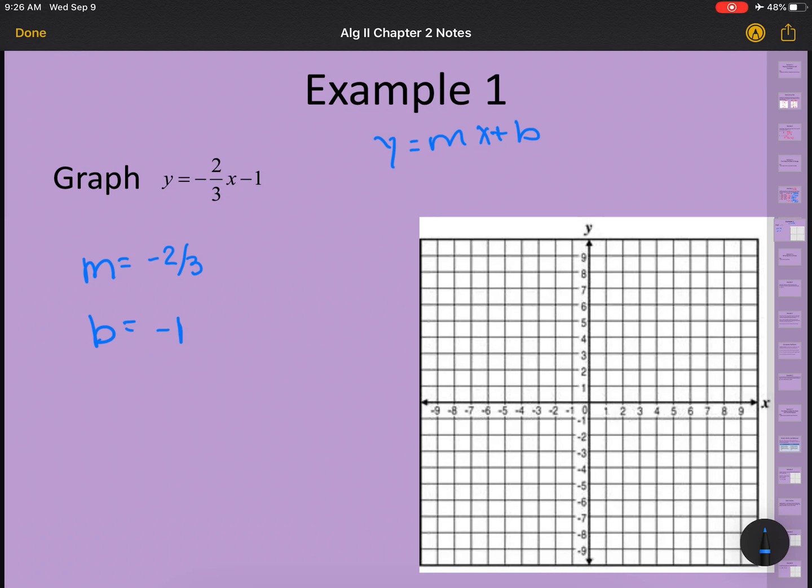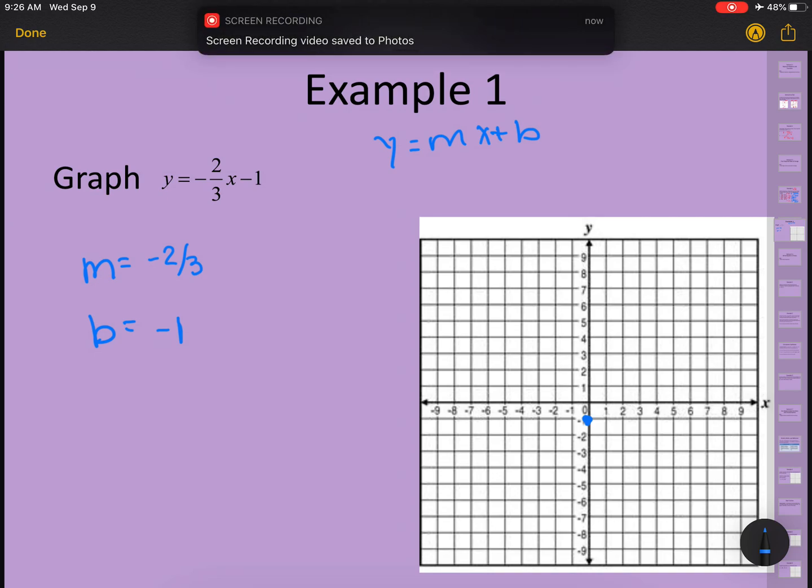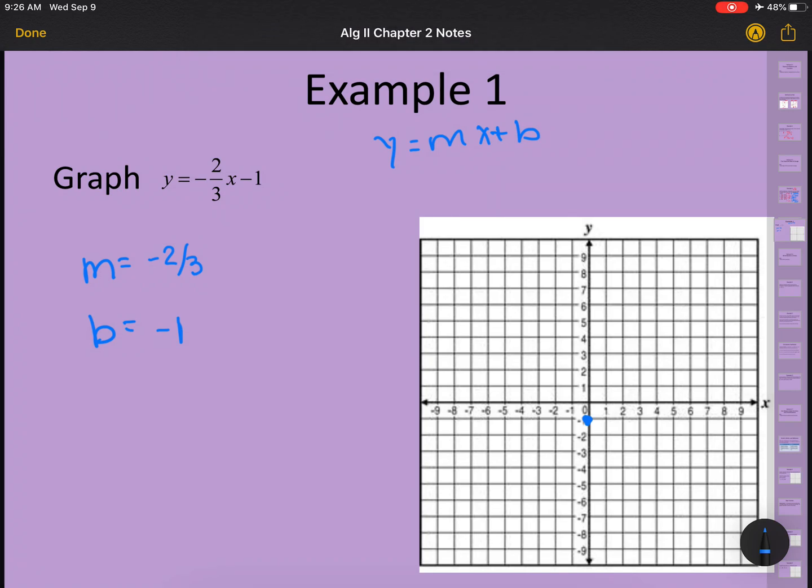What I always recommend you guys do is graph your y-intercept first. So at negative 1, it crosses the y-axis. Then use your slope at that point. Using that point at the y-axis, your y-intercept, you need to go down 2 to the right 3.